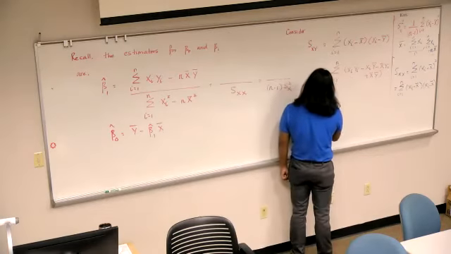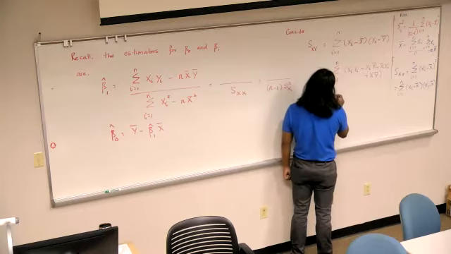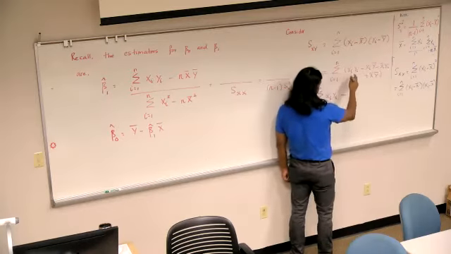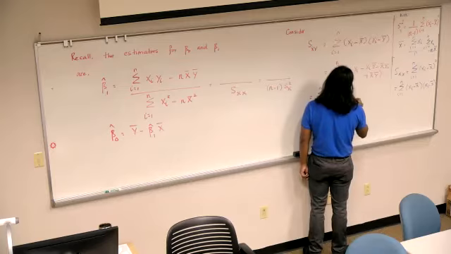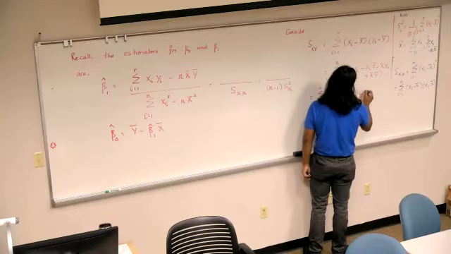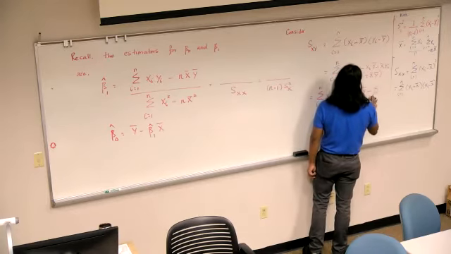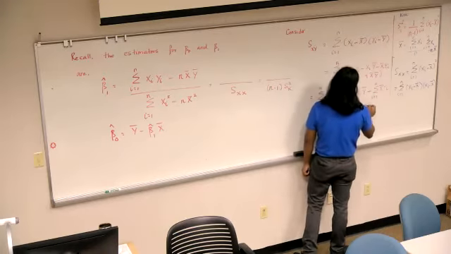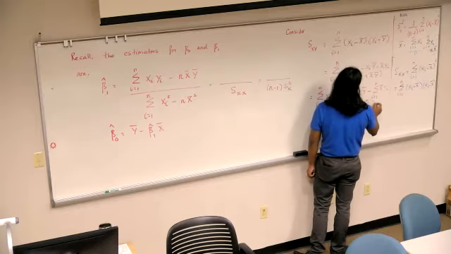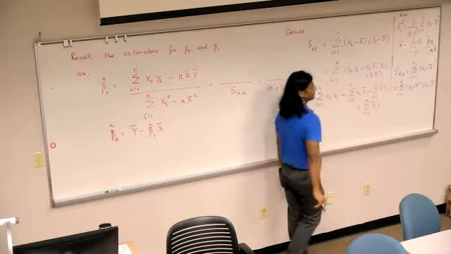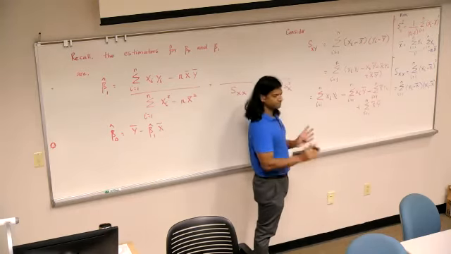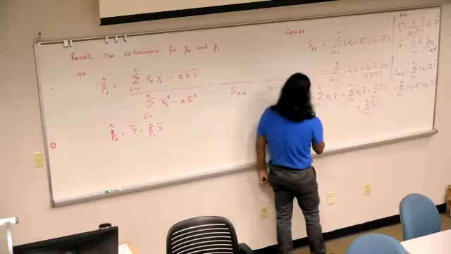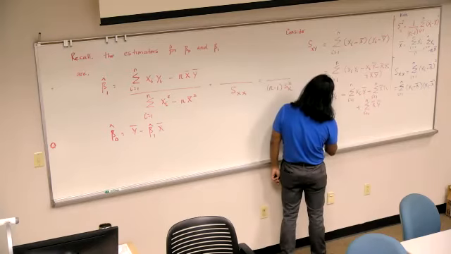So distribute the sum. Minus the sum from 1 to n of xi y bar, minus the sum from 1 to n of x bar yi, plus the sum from i equals 1 to n of x bar y bar. That's done. Can't do anything about it. Leave it as is.